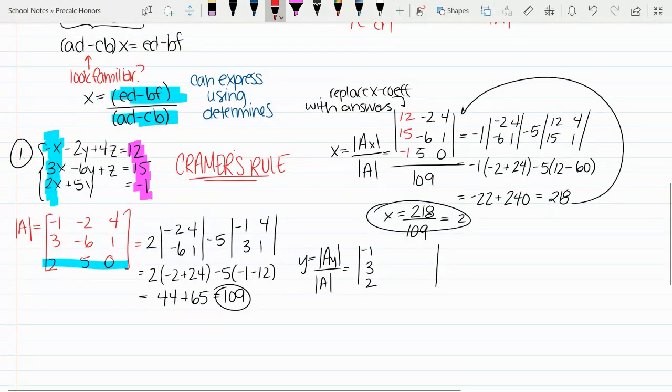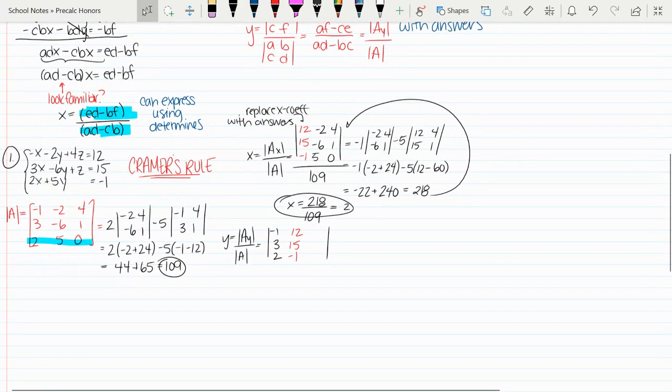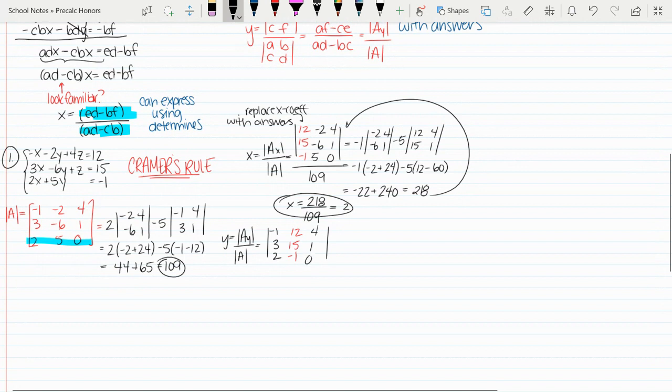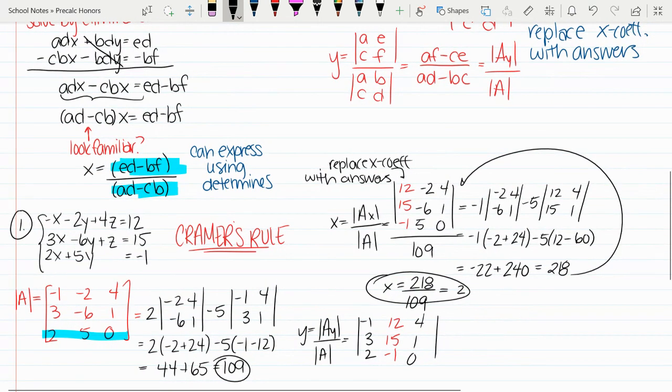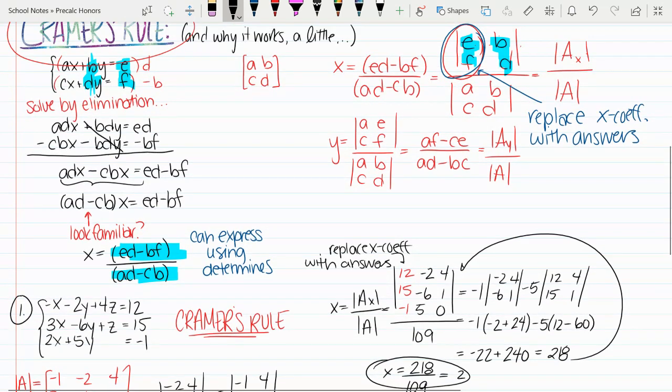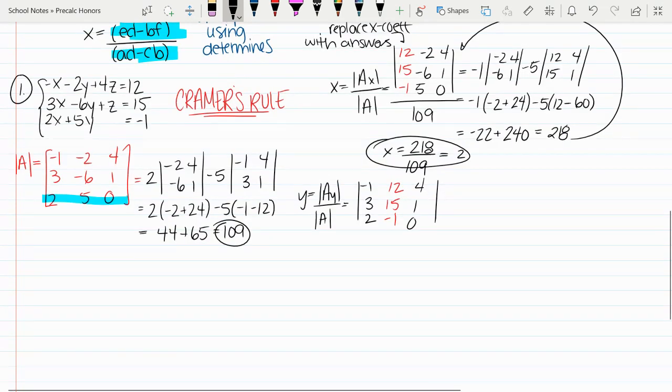So from that middle column, our middle column, -2, -6, 5, replacing that with our answers, 12, 15, -1. Other column stays the same.